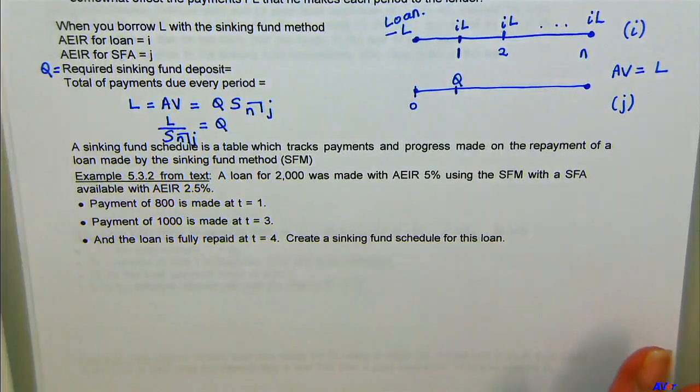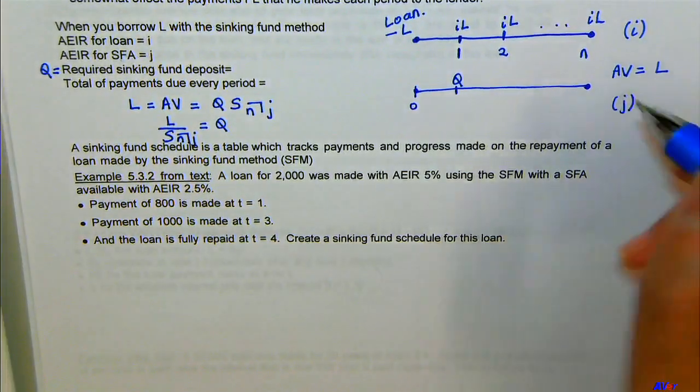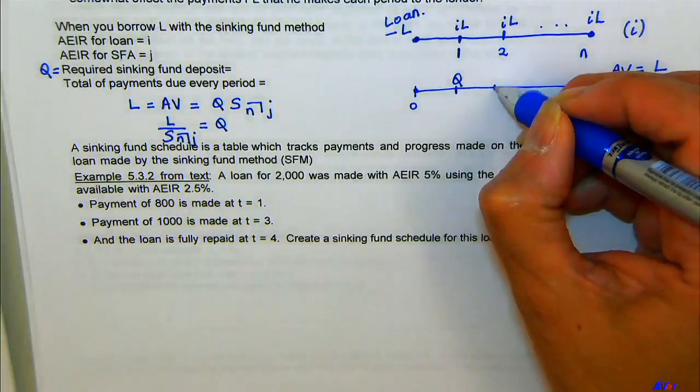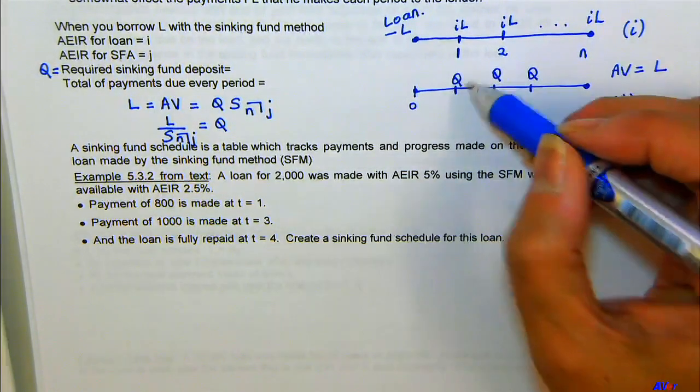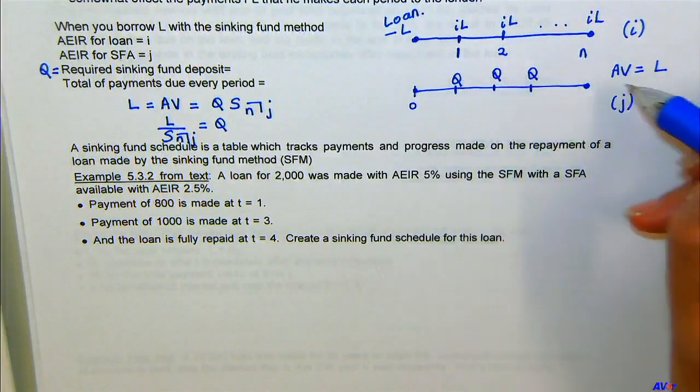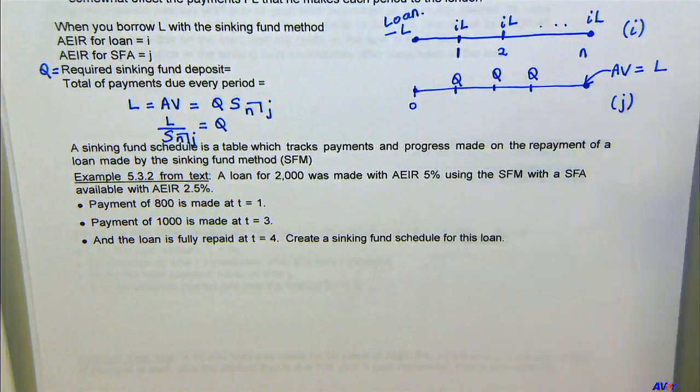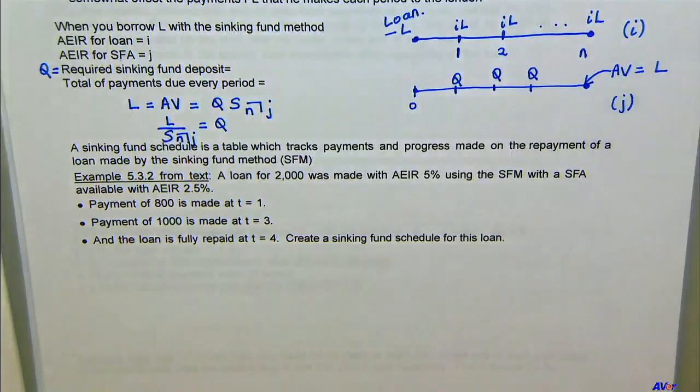Repeat all of it? Yeah, so in my sinking fund, I am putting in some value Q such that these Qs have to accumulate to L, because I'm interested in collecting $100,000 at the end of 4 years, right?